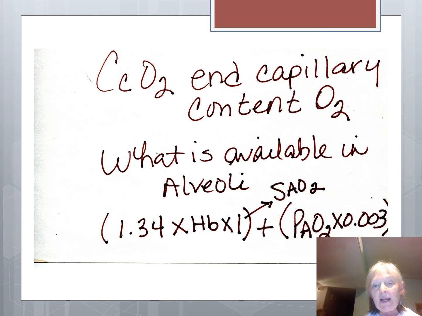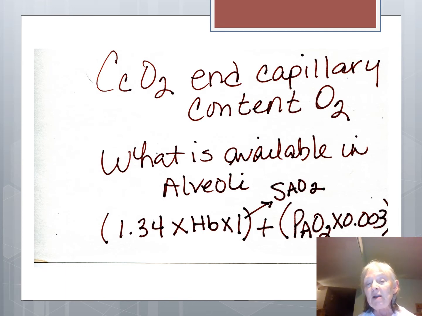Anyways, this little 1 here is your big AO2, and that 1 represents 100% saturation. So the FiO2, if you were to look at it, would be 1 at this particular point in time, okay? So sometimes when we do this formula, we just remove this and just use the 1.34 times the hemoglobin.